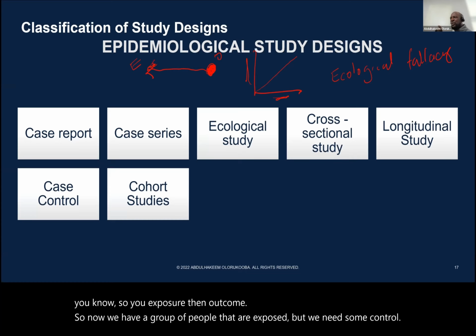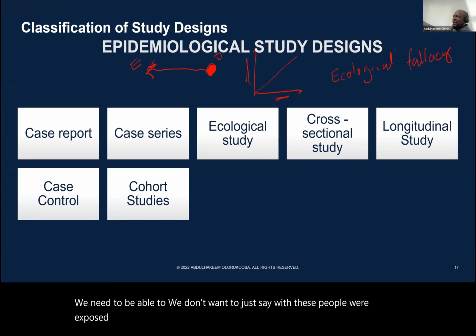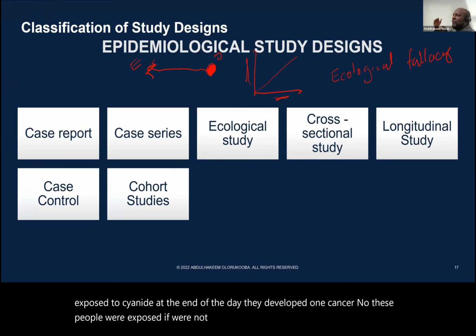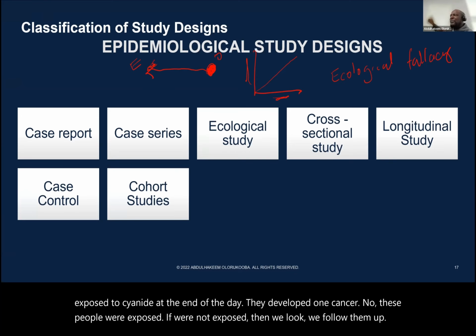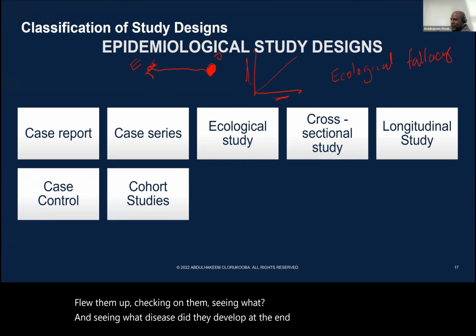We don't want to just say, these people were exposed to cyanide. At the end of the day, they developed one cancer. No. These people were exposed, these people were not exposed. Then we follow them up, checking on them, seeing what disease did they develop at the end of the day, and then we compare.